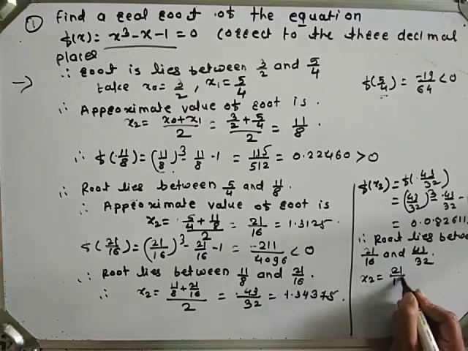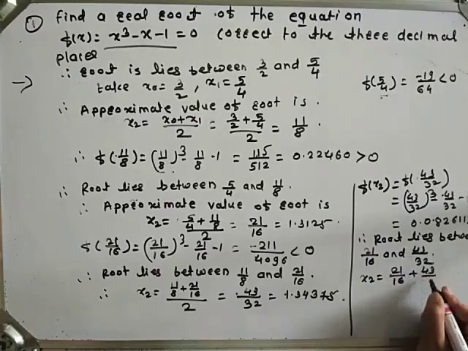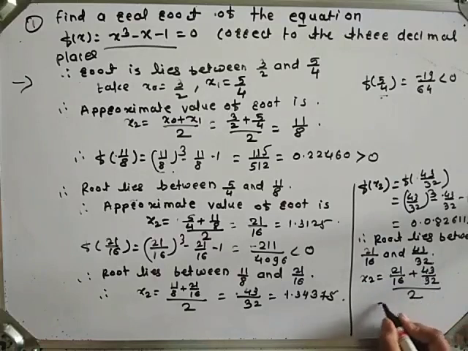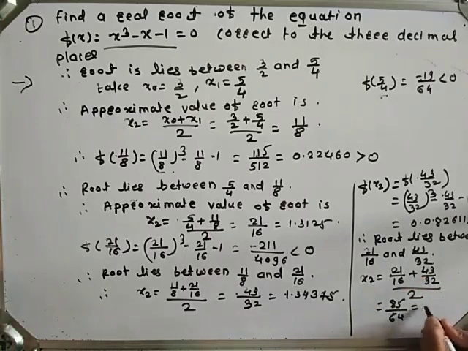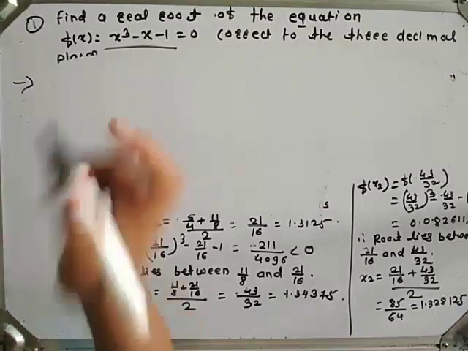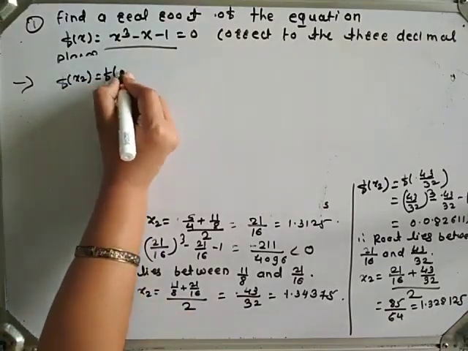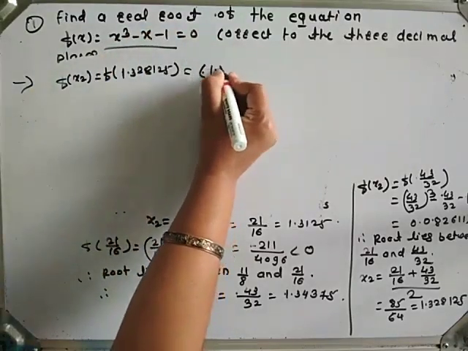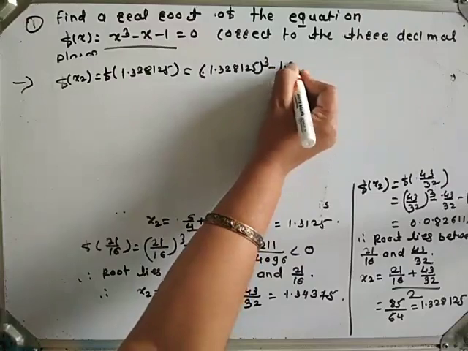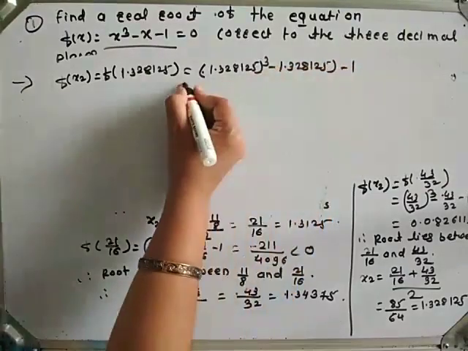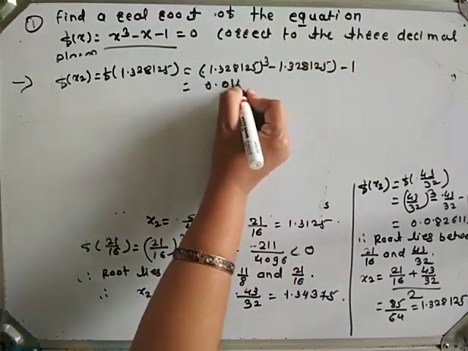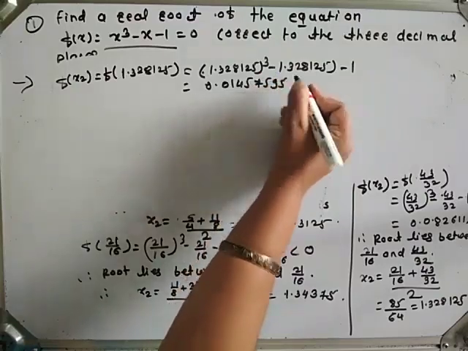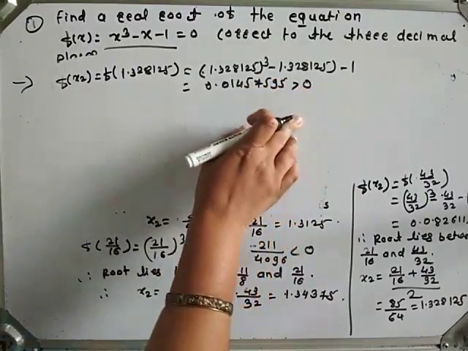Here x0 is 21/16 plus x1 is 43/32, upon 2, which after solving we get 85 upon 64, which is nothing but 1.328125. f of x2, that is f of 1.328125, is equal to 1.328125 cube minus 1.328125 minus 1, which is equal to 0.01457595. Obviously this is positive, greater than 0.